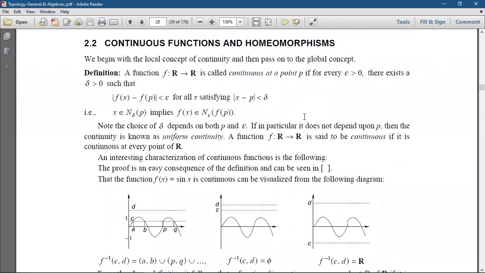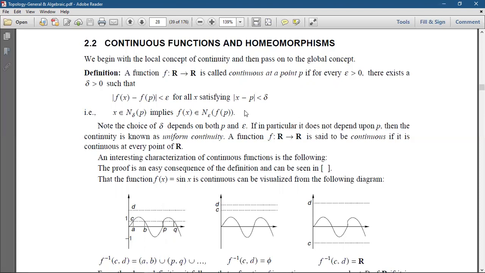Now, a function f from R to R is said to be continuous at a point p if for every epsilon greater than 0 there exists a delta greater than 0 such that |f(x) - f(p)| is less than epsilon for all x satisfying |x - p| less than delta.